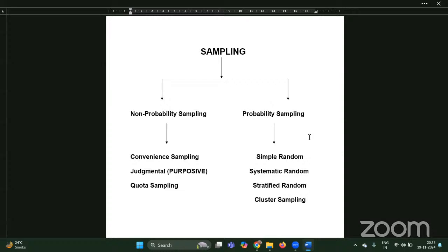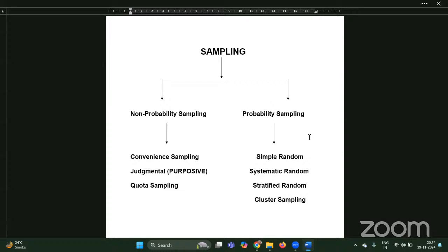But when probability sampling is not possible, only then you go for non-probability sampling. Otherwise, try to go for random sampling, right? And random sample means each individual within the population has an equal chance of being selected. Remember this.